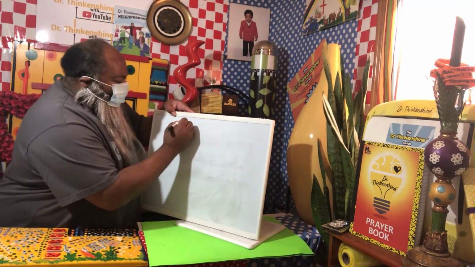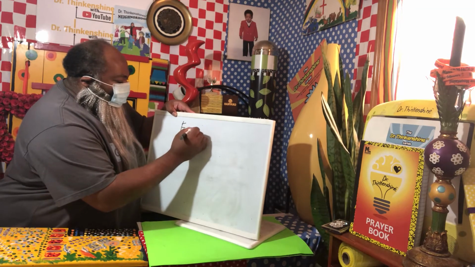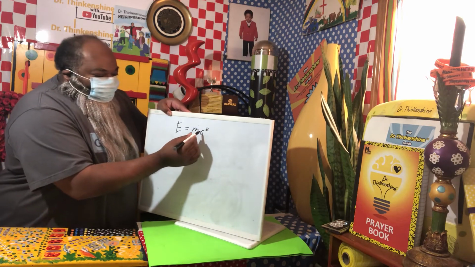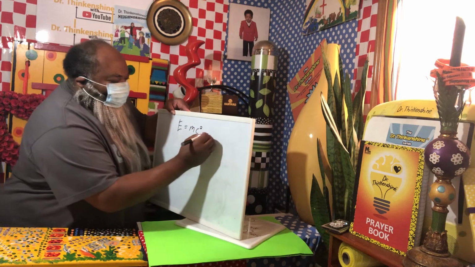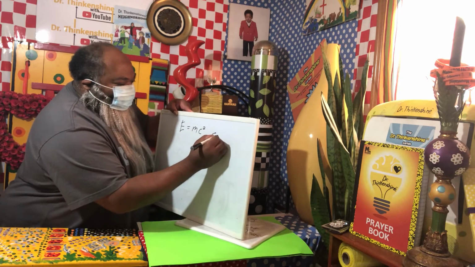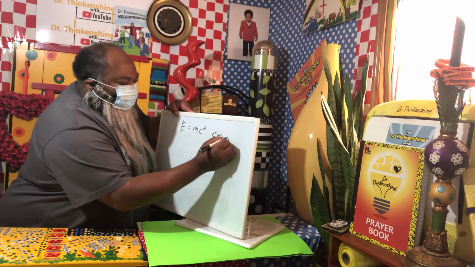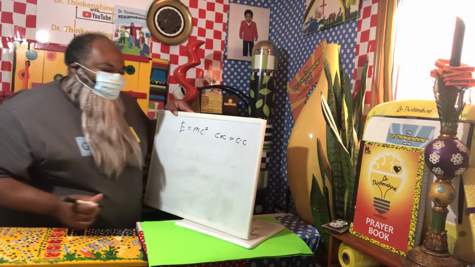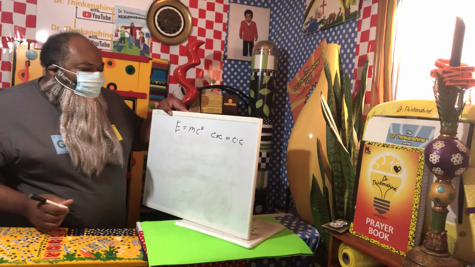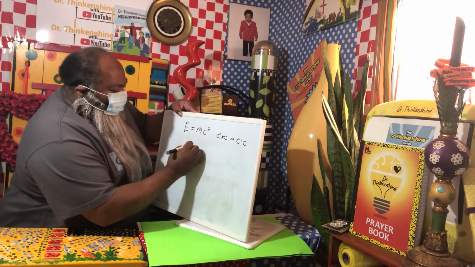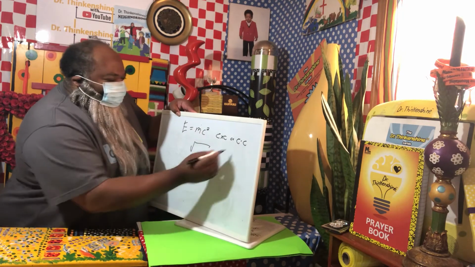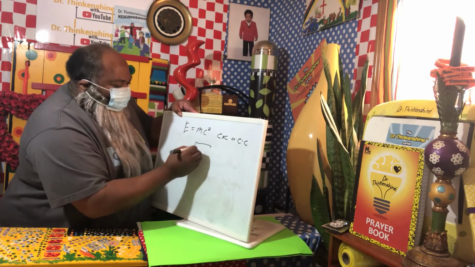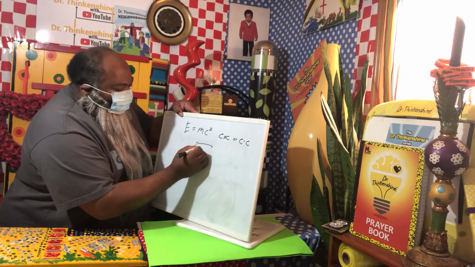Well, you asked about the formula E equals MC squared. Basically, C squared is C times C, or C times C, whichever way you want to look at it. And since we were just looking at what the square root symbol is, a number times itself equals whatever's under here.